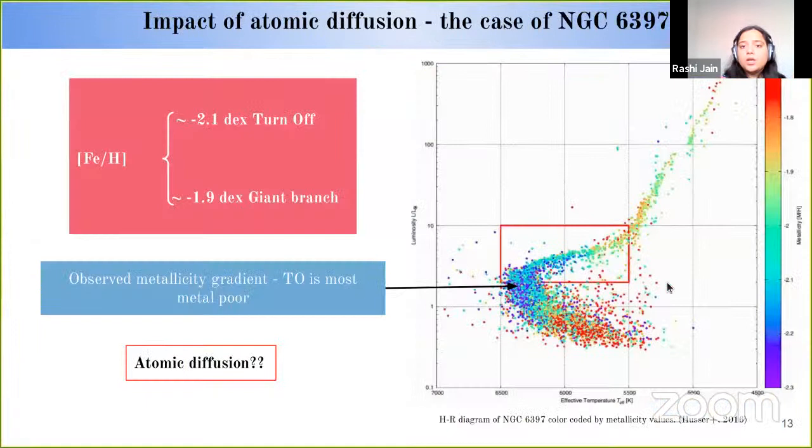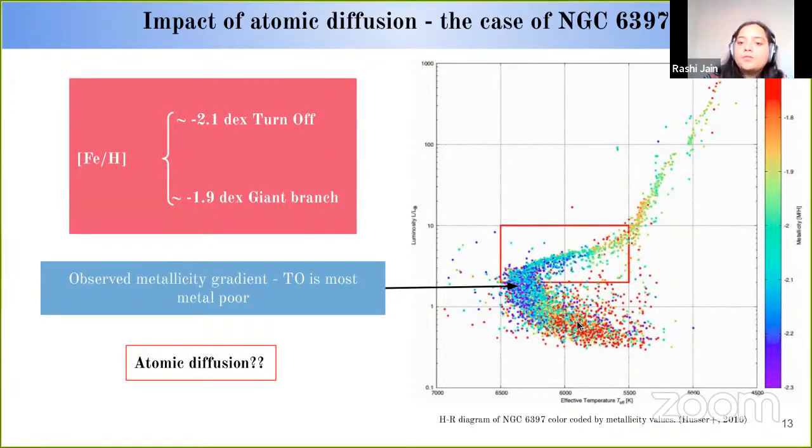And what they found is displayed in this HR diagram. This HR diagram shows the luminosity on the y-axis and effective temperature of the stars on the x-axis. The stars are colored according to their derived metallicities using the theoretical library.